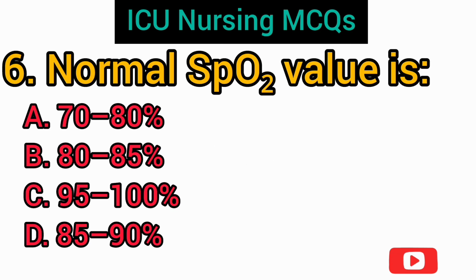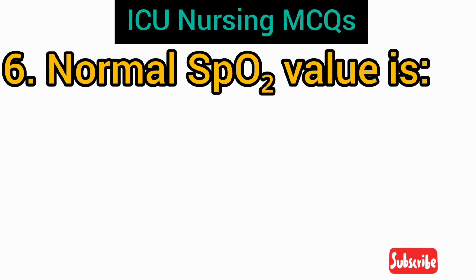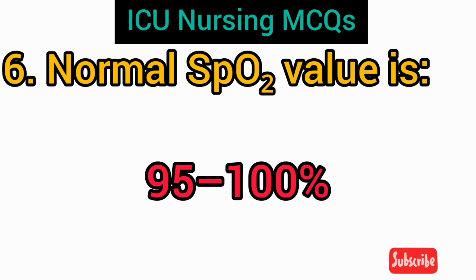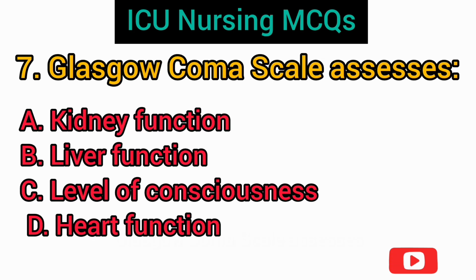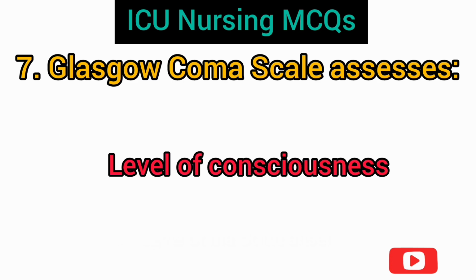Normal SpO2 value is 95 to 100%. Glasgow Coma Scale assesses level of consciousness.